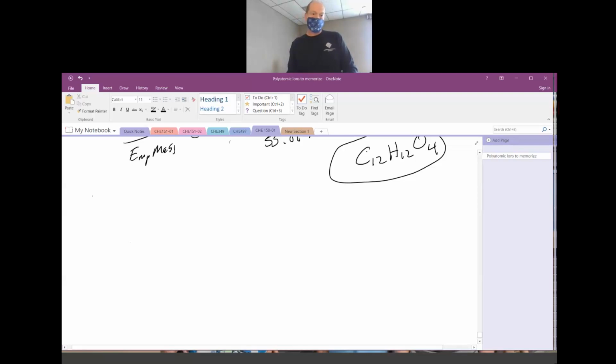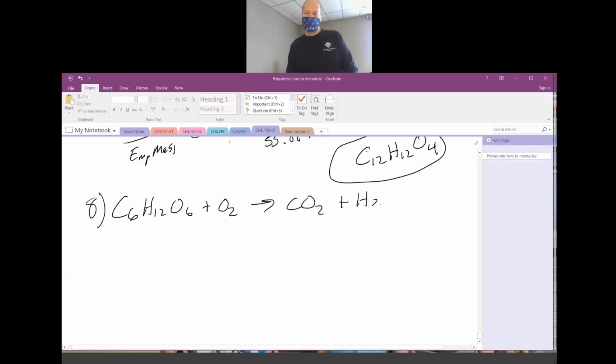Number 8, we're doing a complete combustion. Complete combustion, you give CO2 and water. So C6H12O6, which is glucose, and we burn glucose, and we get CO2 and water. All right, and so to balance this, we balance the carbon first. There's 6 of them here. We put a 6 here. Hydrogen next. There's 12 here. We put a 6 here.